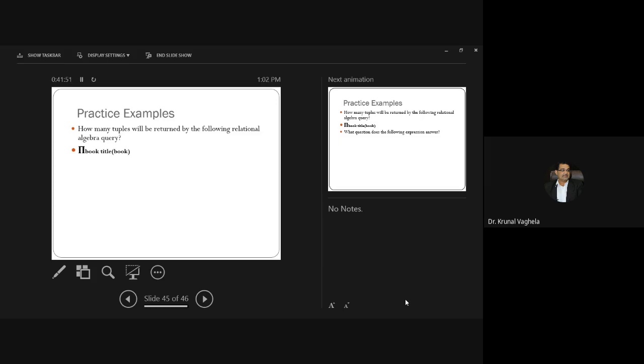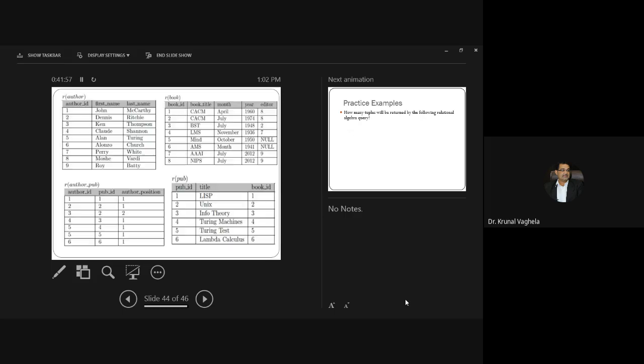Project book title from book: list all the book titles. The answer is 7, because it will eliminate duplicate values. CSCM appears 2 times as a book title, so it will only list 1. The rest are only 1 time. So the answer is 7.